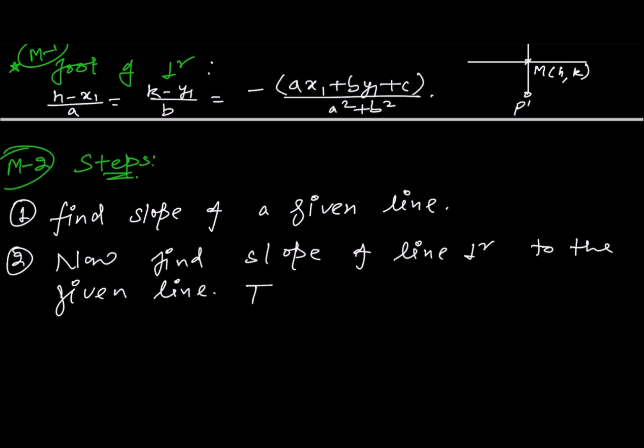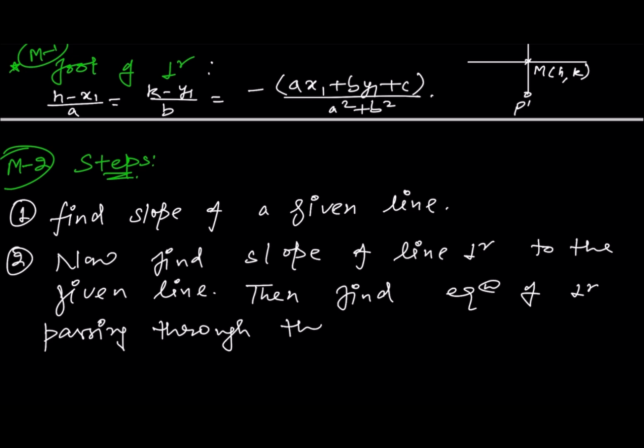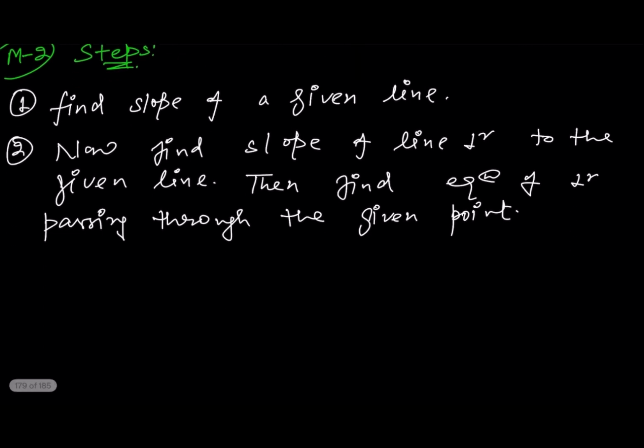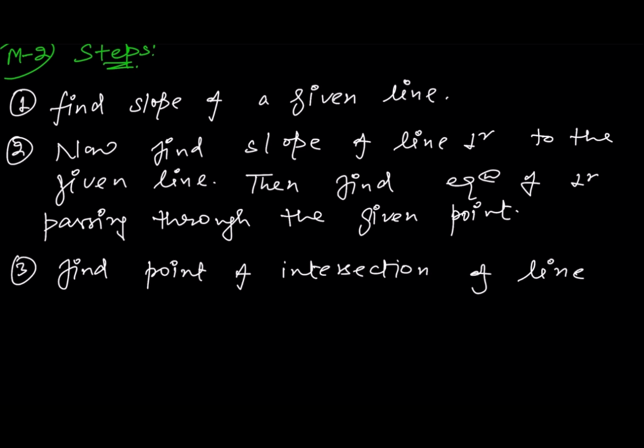Then find the equation of the perpendicular passing through the given point. Point number 3: find the point of intersection of the line and the perpendicular to it, which is the required foot of perpendicular.